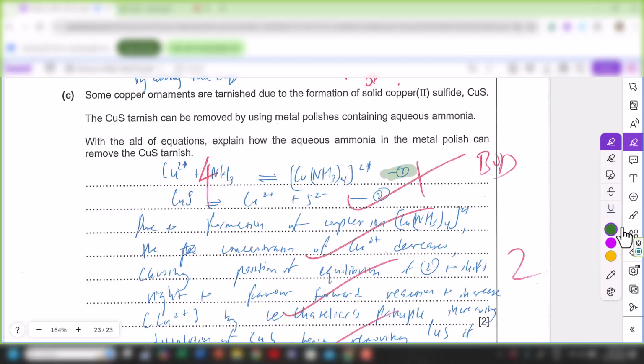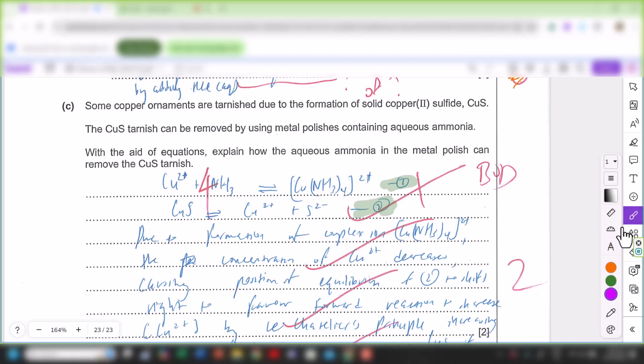It is important for you to highlight the shift in the POE. So basically what you need to say is that when you apply the aqueous ammonia, the POE of 1 will shift to the right. That will cause the POE of 2 to shift to the right as well. That means you are removing the copper sulfide from the system.